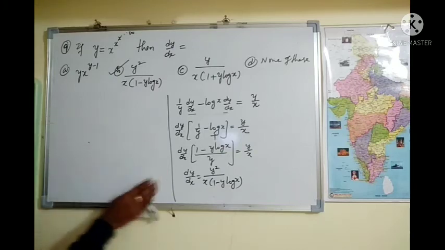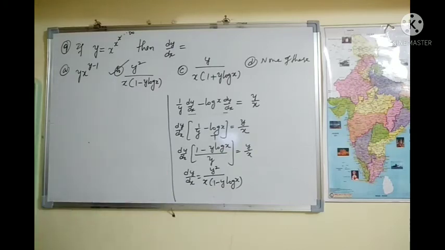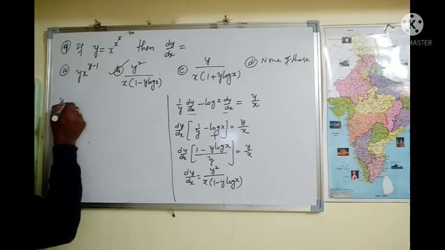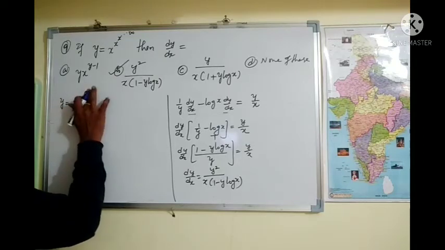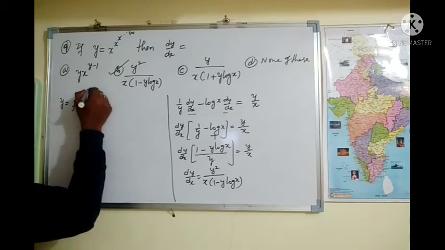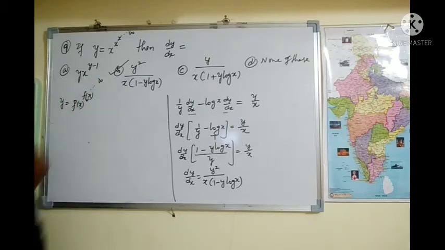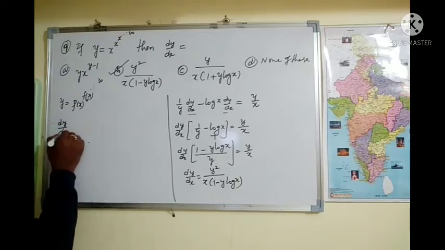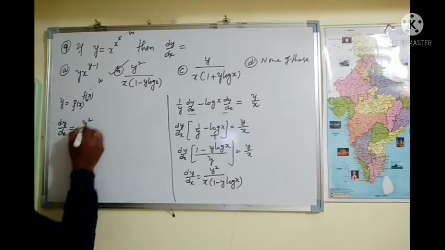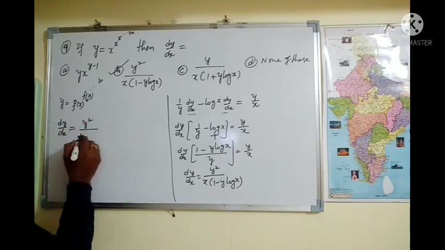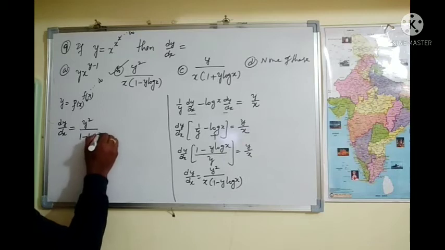I will give you one shortcut result. Suppose the given result is in the form y is equal to f of x to the power f of x to infinity form. The derivative of this result is dy by dx is equal to y square divided by 1 minus log y.